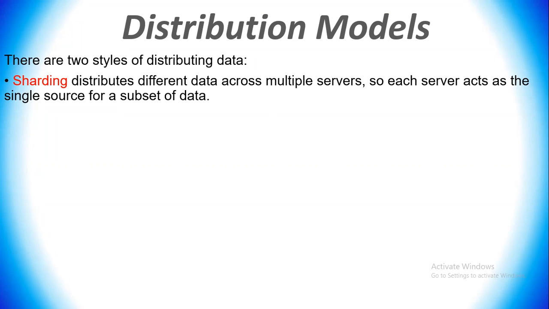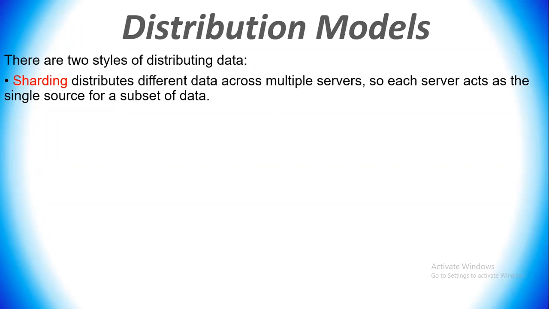That means part of the same table is stored at different places, which is not like the case of the relational model. In the relational model, a single table is stored at a particular server.